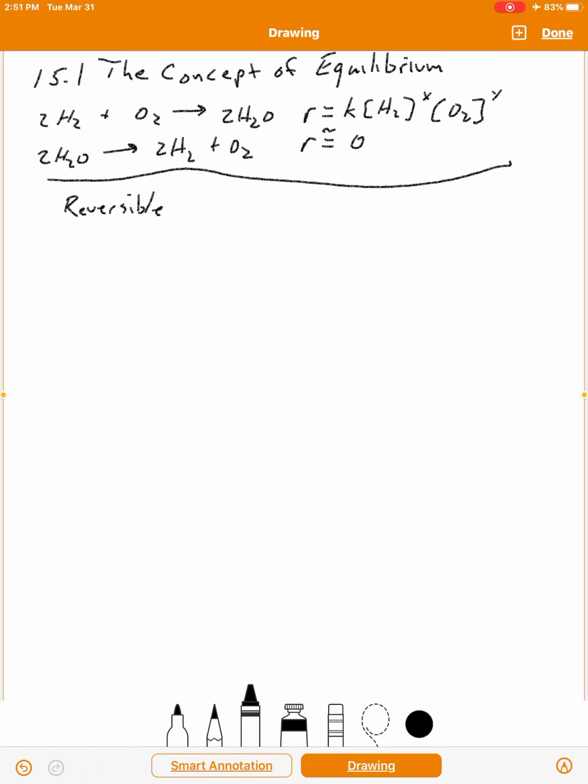An example of this would be the reaction where N2O4, dinitrogen tetraoxide, reacts in a decomposition process to form two molecules of NO2, nitrogen dioxide. If you were to look at that reaction and study it, you would find that the rate is equal to k times the concentration of N2O4 to some power, right?